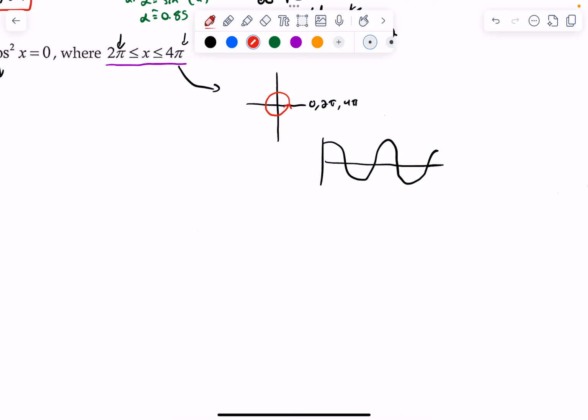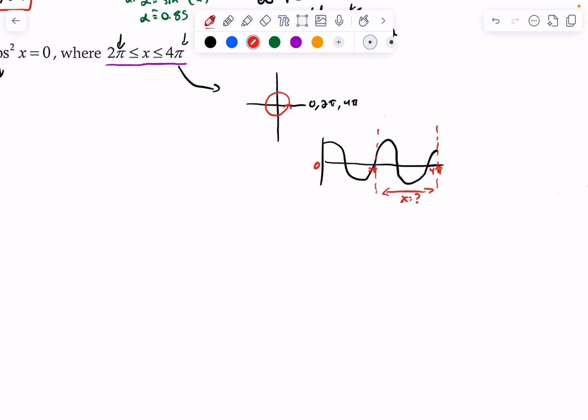Well, what I'm asking you to do is, if usually it's 0 to 2 pi, I'm just asking you to look at it from the second half of the domain. I'm asking you to look from 2 pi to 4 pi. So I'm asking you just to evaluate, get your solutions in this domain. These are the thetas, all the possible x values happen in this domain right here, not in the other one, right?